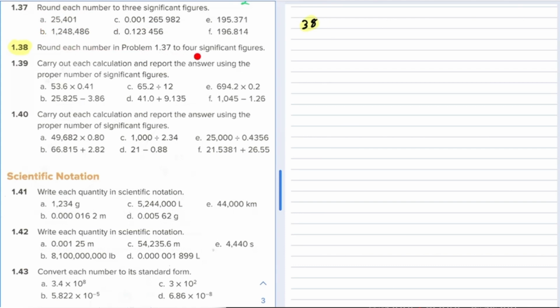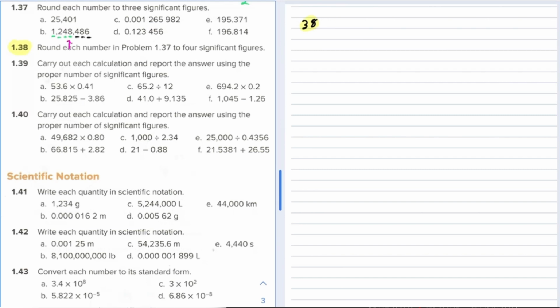Now, when you round something to 4 significant figures, you've got this number. It looks like it's got 1, 2, 3, 4, 5, 6, 7 significant figures. When you read a number from left to right, that's how you count sig figs. So B is a 7 sig fig number, but we're going to round this number to the fourth sig fig position.